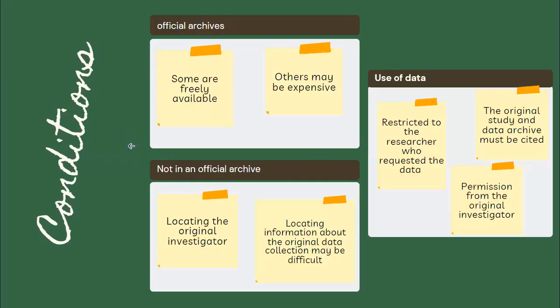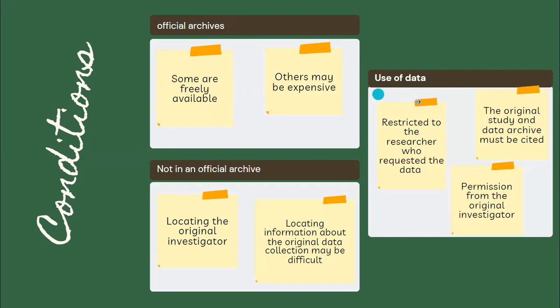Once you have your data, different researchers set different conditions. If you found it in official archives, some are free. You can download them, whatever you need. And others might be expensive because maybe the primary researcher wants to make up for the money he or she spent on the research.